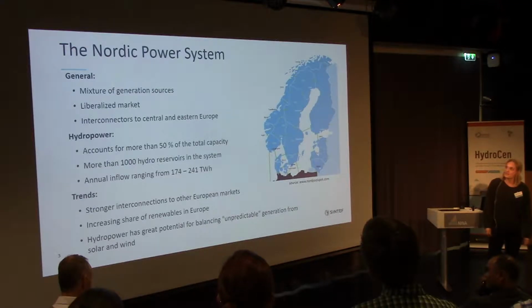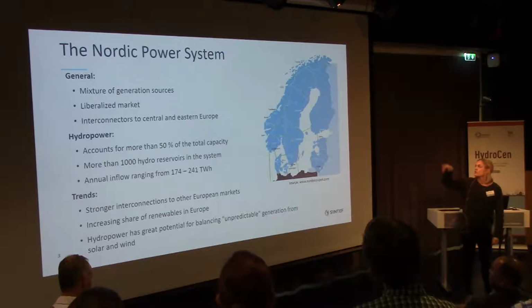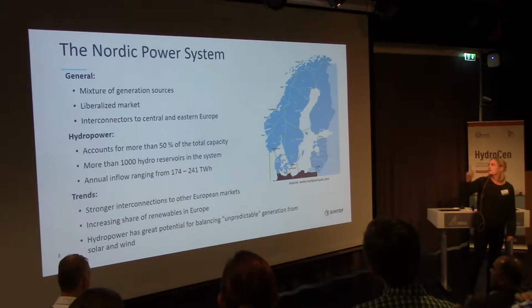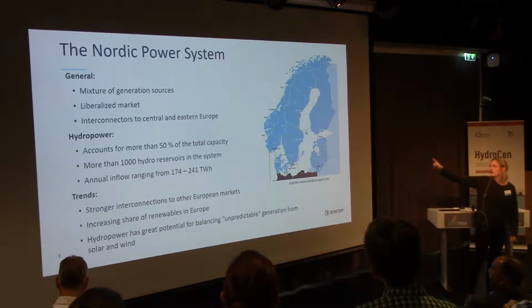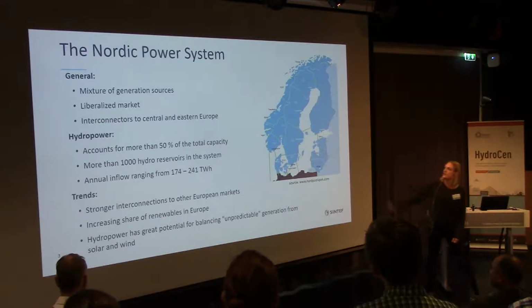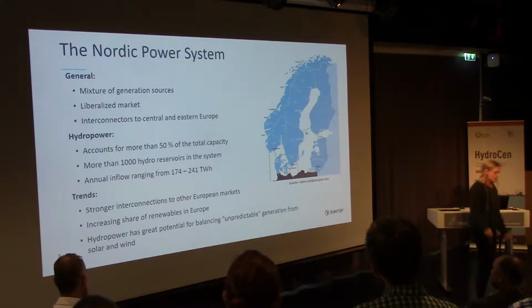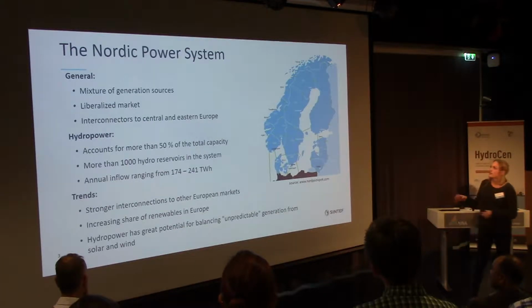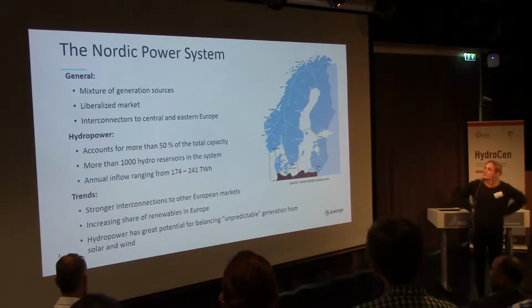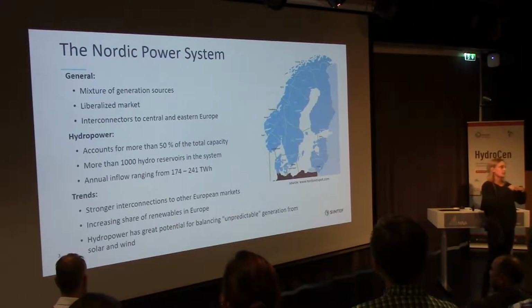So the Nordic power system: the Nordic region, Norway, Sweden, Denmark, Finland, and also these Eastern Europe countries here. In this region, we have a mixture of different kinds of energy sources, and it's a liberalized market, and the market is also connected to the rest of Europe.